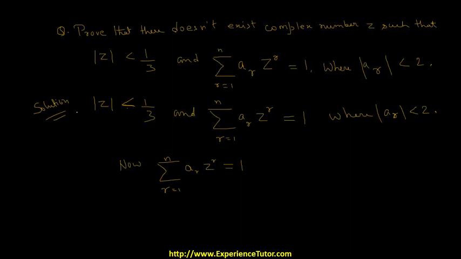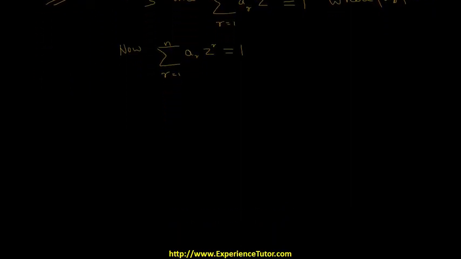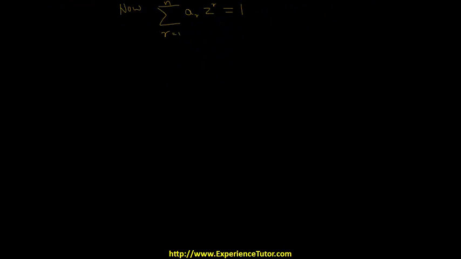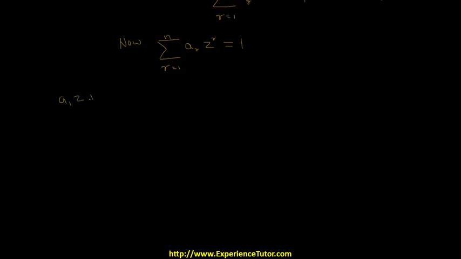Now sigma r is equal to 1 till n ar z to the power r is equal to 1 can be written as a1 z plus a2 z square plus a3 z cube, plus in this way the whole expression will go till an z to the power n is equal to 1.